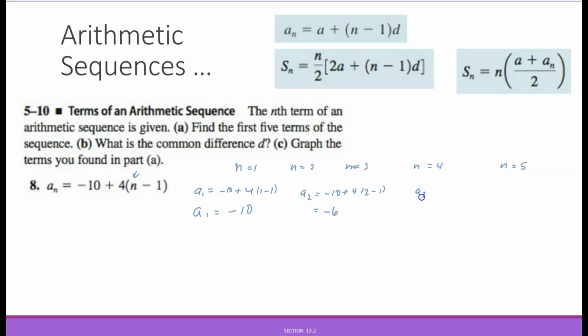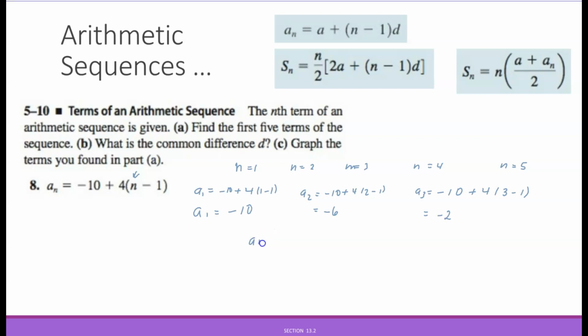Okay, a3, we'll plug in a 3 for n, and we're plugging in here always negative 10 plus 4 times 3 minus 1. Let's see, 3 minus 1 is 2, 4 times 2 is 8. Negative 10 plus 8 is a negative 2.